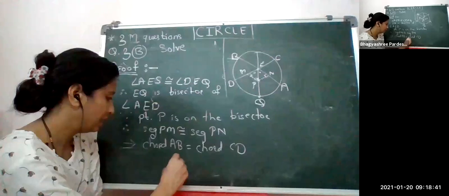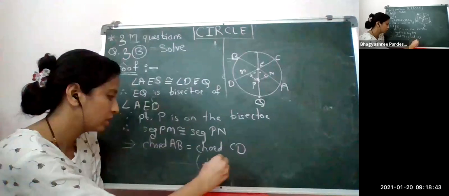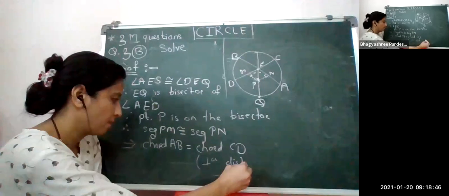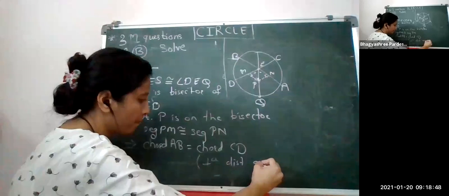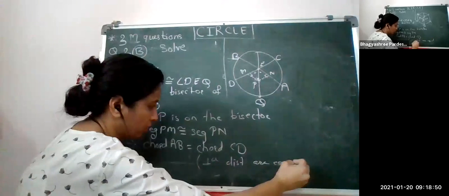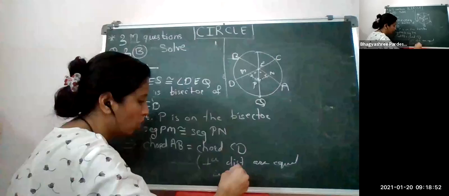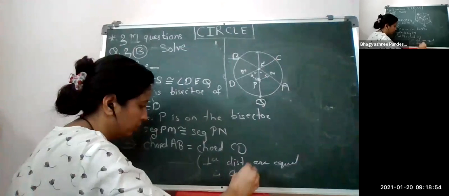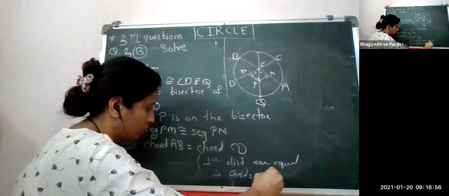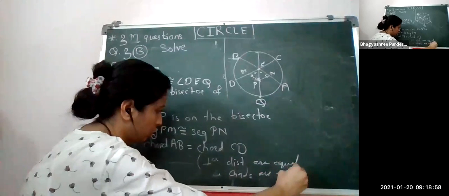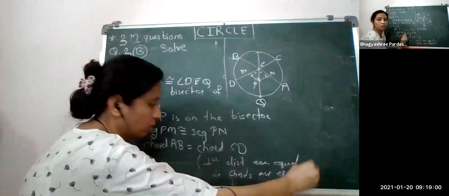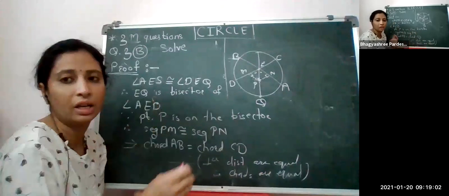Finally, we get the reason: perpendicular distances are equal, therefore chords are equal.